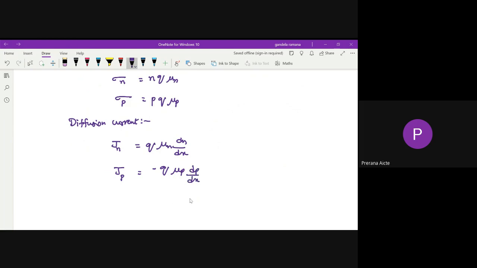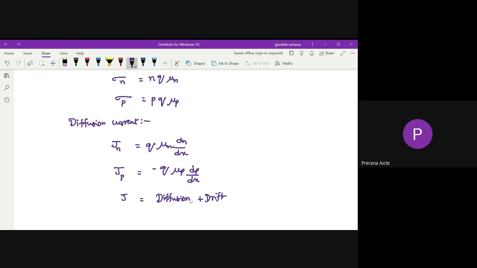So finally, the current density J is equal to diffusion current plus drift current.